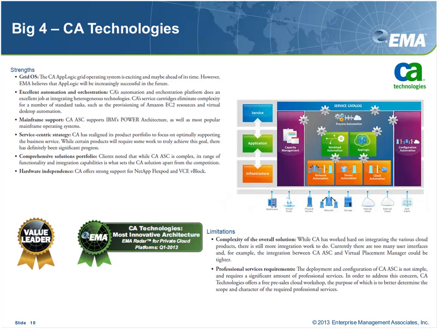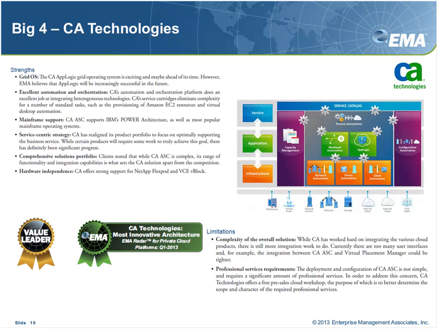CA also offers so-called service cartridges, and those service cartridges are meant to make it easy to complete tasks that are very common to organizations that are adopting a cloud platform, such as cloud bursting to Amazon EC2, for example, VDI automation, provisioning of external public cloud resources.